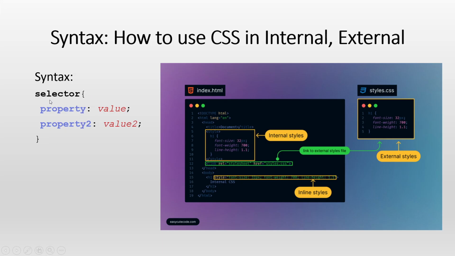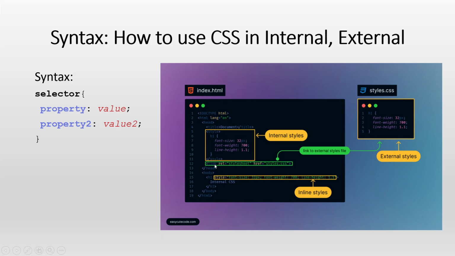Outside of the curly brackets are the selectors, the elements we are targeting with the help of classes, IDs, or tag names. As you can see, here is the overall picture. There are internal styles: inside head, inside style, we are writing internal styling.